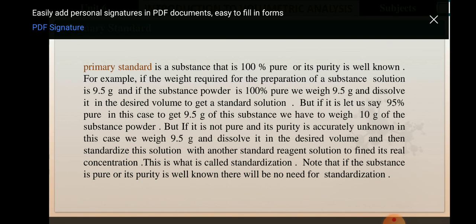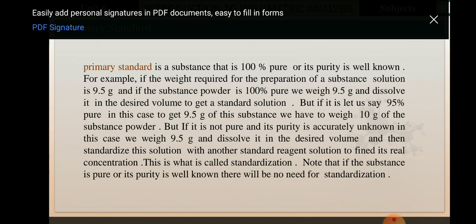Next is the primary standard. It is a substance that is 100% pure or its purity is well known. For example, if the weight required for the preparation of a substance solution is 9.5 gram and the powder is 100% pure, we weigh 9.5 gram and dissolve it in the desired volume to get a standard solution. But if it is, let us say, 95% pure, in this case to get 9.5 gram of substance we have to weigh 10 gram of the substance powder.